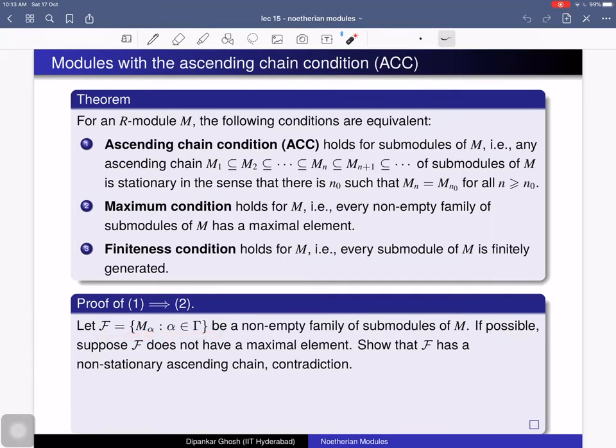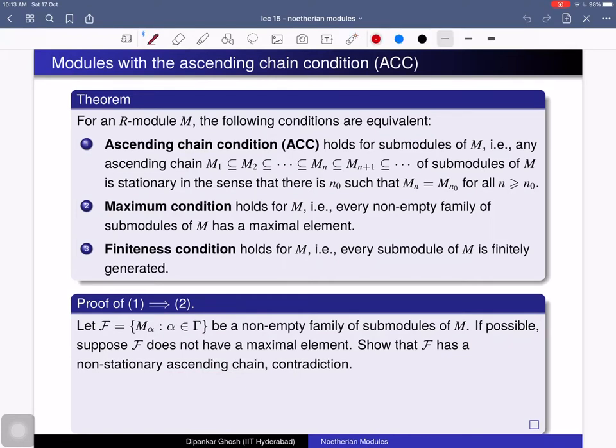We prove this implication in the contrapositive way. If possible, we assume that F does not have a maximal element, then we will prove that M does not satisfy the first condition. So we will try to produce an infinite ascending chain which is not stationary.